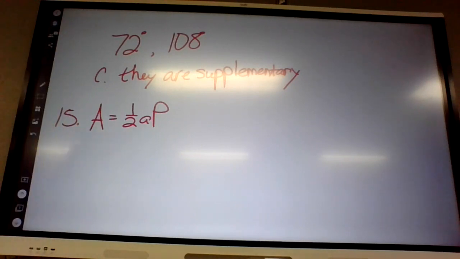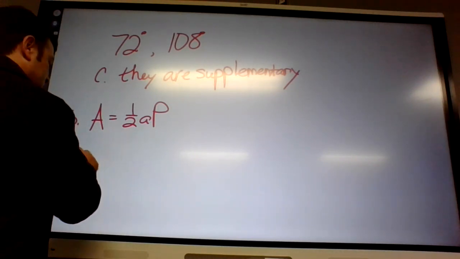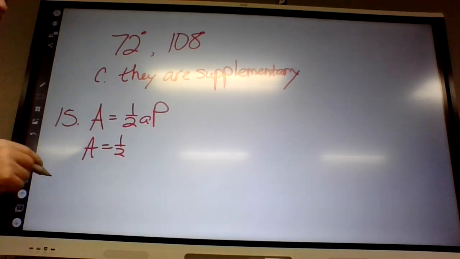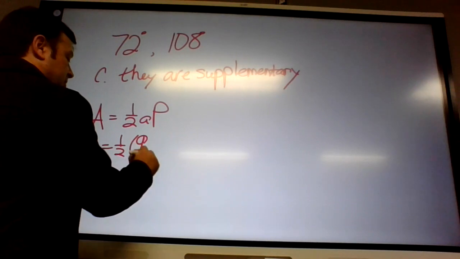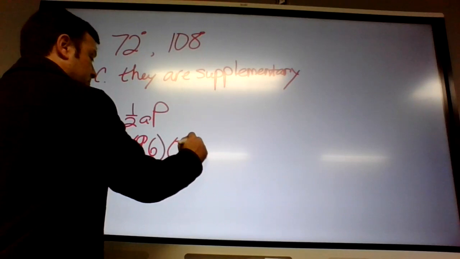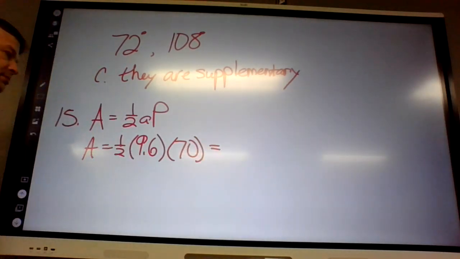On 15, they give us the apothem 9.6, but they don't give us the perimeter. How could we find the perimeter on 15? 14 times 5, which I believe is 70. So it's 1/2 times apothem, which they just gave us, times perimeter.